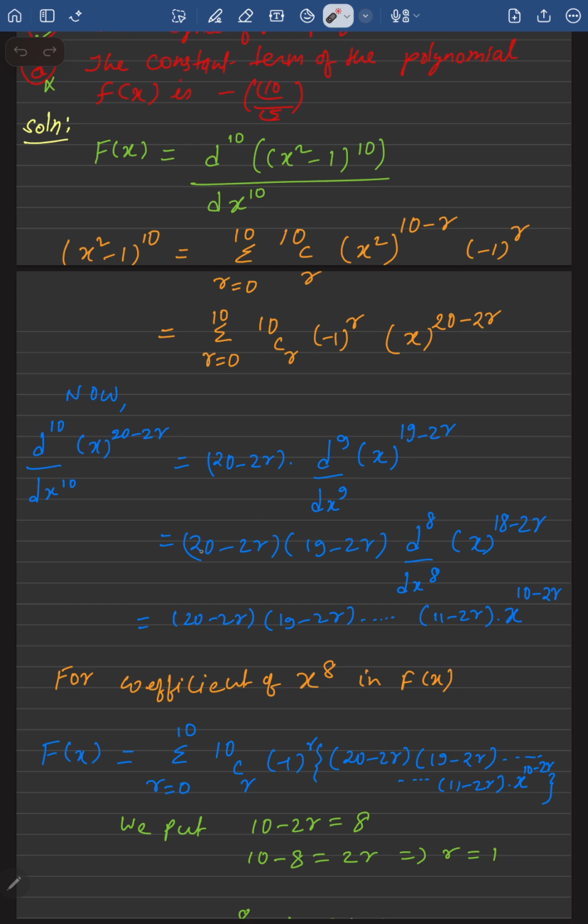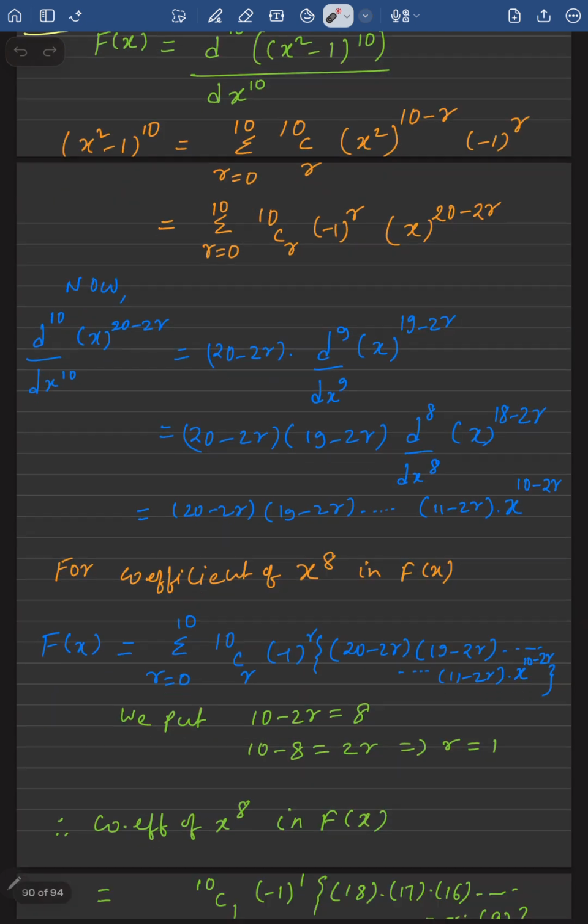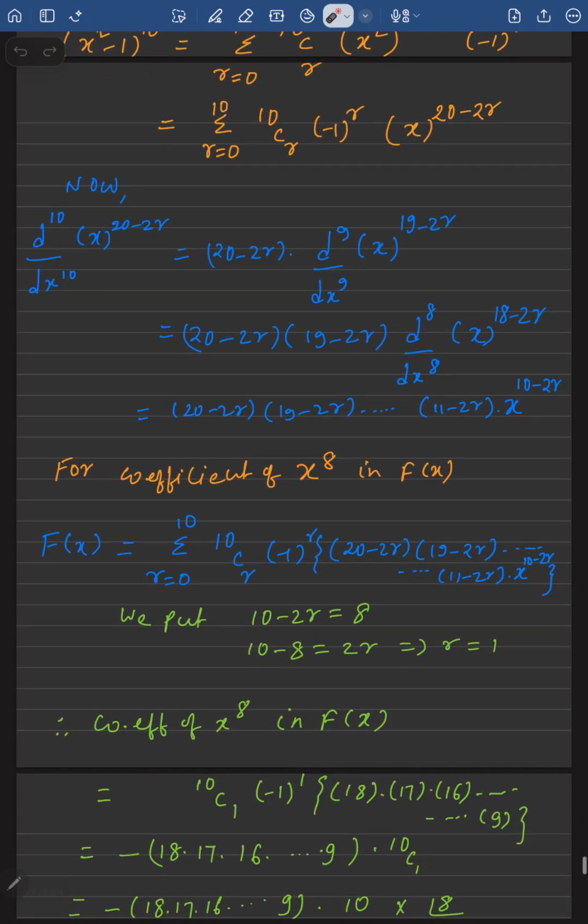Using that, again if you differentiate you will get 19 minus 2r here and the 8th derivative of x power 18 minus 2r. In this way, up to 10 times, lastly you will get 11 minus 2r into x power 10 minus 2r. Continuously differentiating up to 10 times, you will understand it.